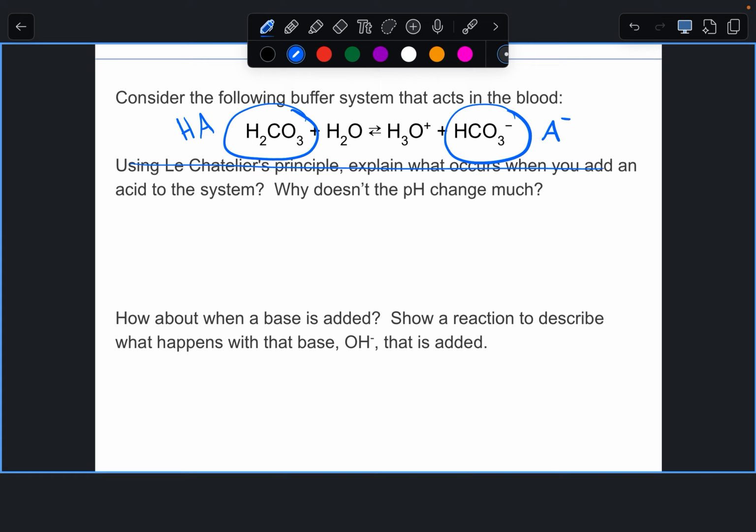So if we have these two species, when we add an acid or a base to it, it's going to react with one of these. So let's start by talking about adding an acid. When we write the acid, like a strong acid, we're going to write it as H+. This could be HCl, it could be HNO3. We don't really care where it's coming from. It's just some acid that's being added to this buffer solution.